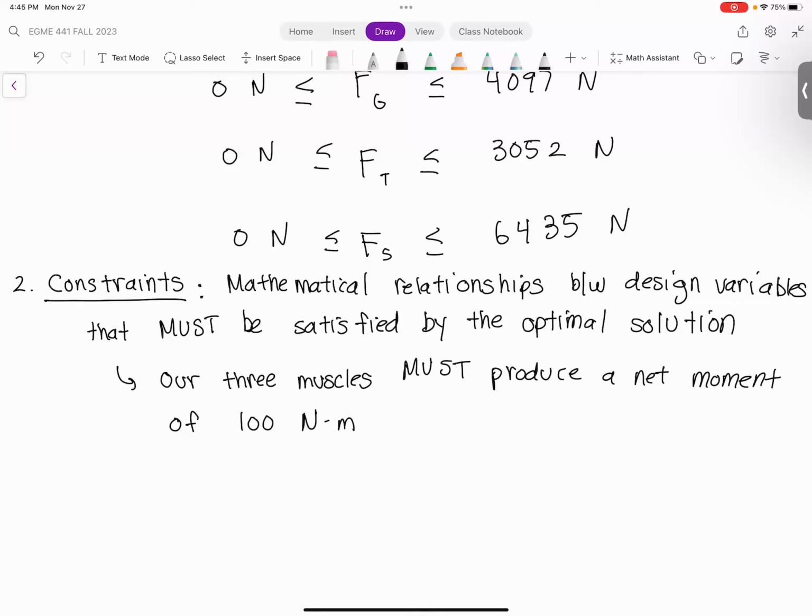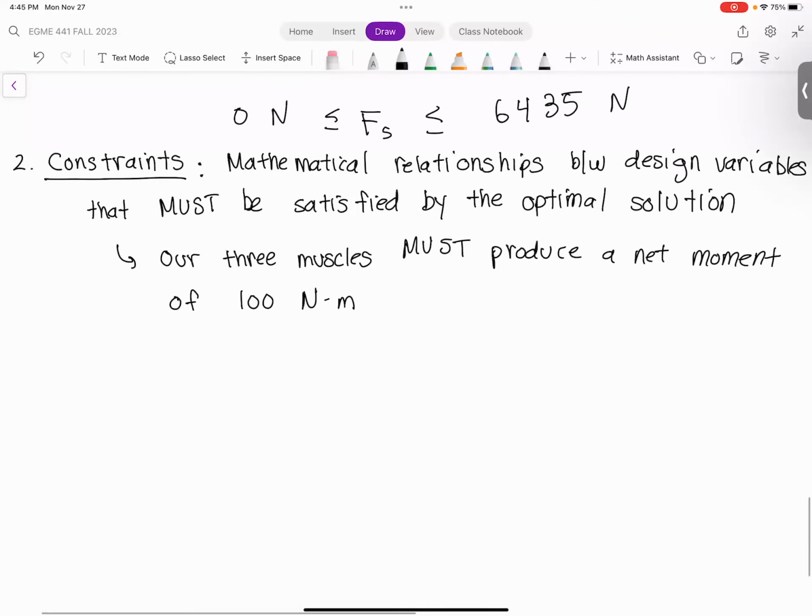All right, and so we had an equation for that as well. We had basically each of the forces multiplied by their moment arm. So we have 0.039 multiplied by Fg plus 0.008 multiplied by Ft plus 0.036 multiplied by Fs. Okay.